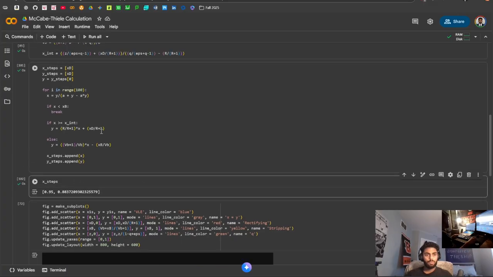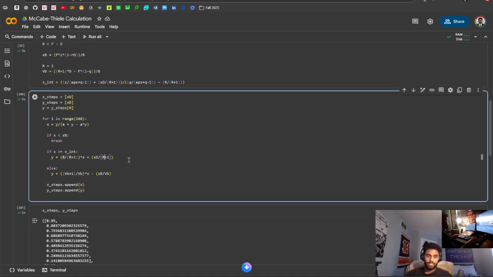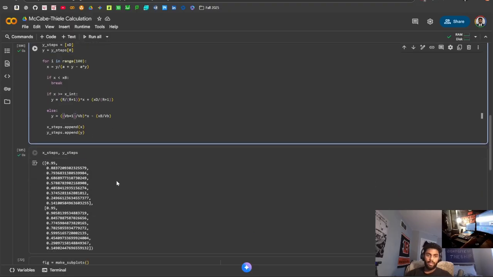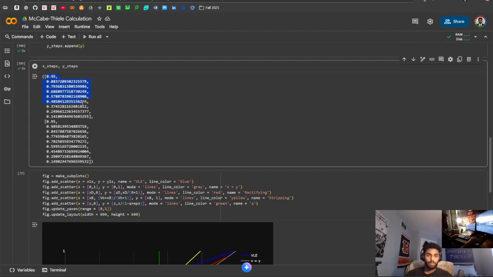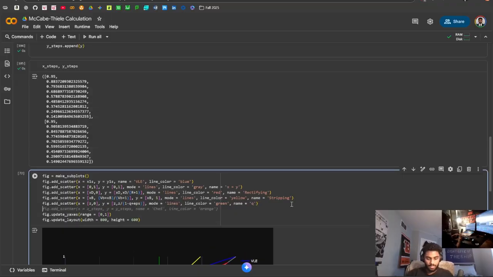I don't know why it only did it twice. Okay, I think it just needed a bit more parentheses here. And now we actually have a set for our x and our y. So that's great. Let's add this on.